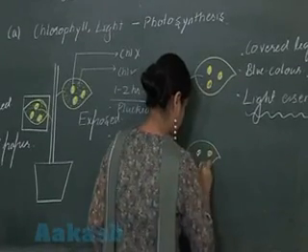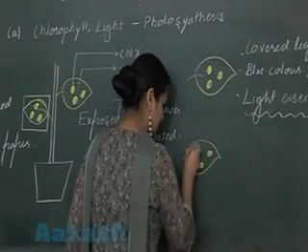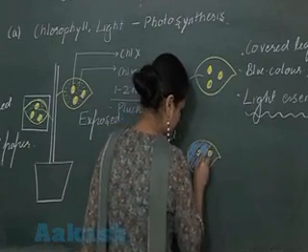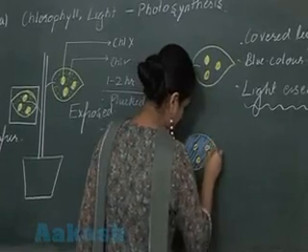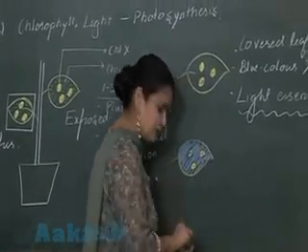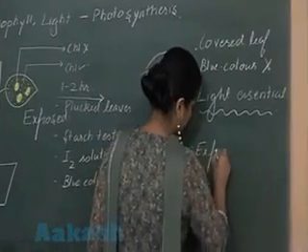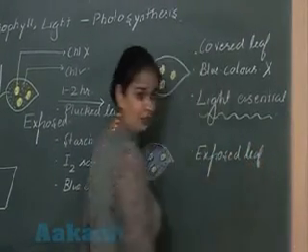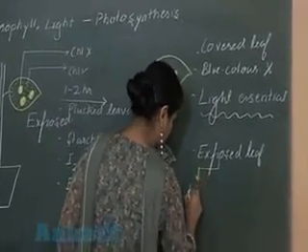When the second leaf was tested for starch, then what was observed? Now this leaf which was exposed to the sunlight, when this was tested for the starch, what was observed? कि blue color appear हो रहा है, but blue color is appearing only in which area?